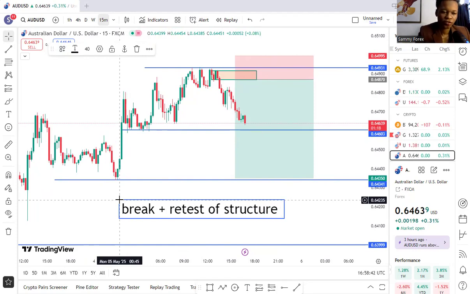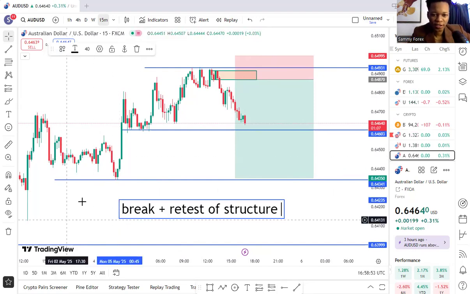You guys should pay attention. Break plus retest of structure. This is a classic entry. Break and retest of structure. Okay, look at this now.